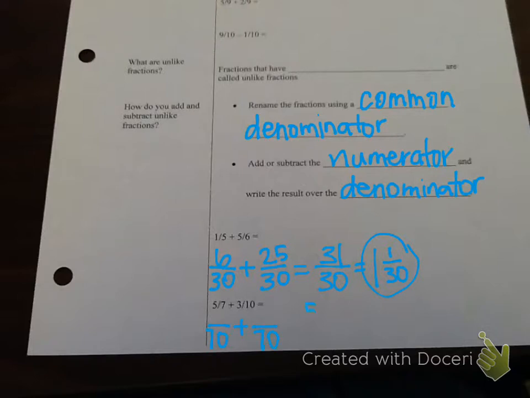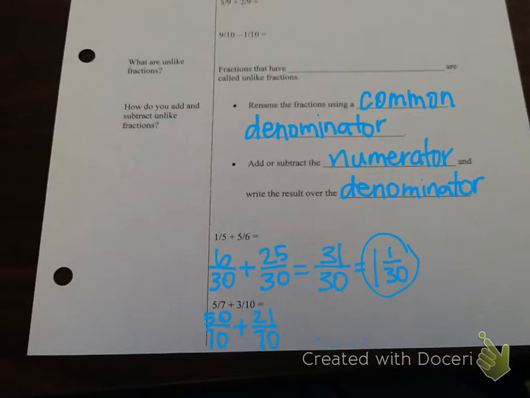So 5/7 to change into 70ths, 7 times 10 gives me 70, so 5 times 10 gives me 50. And 3/10, if I want that to be 70ths, I multiply by 7. 3 times 7 would be 21.